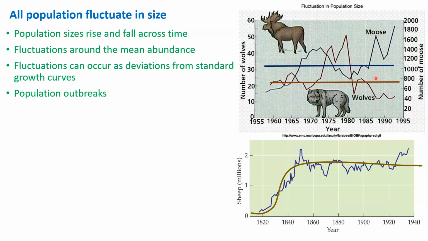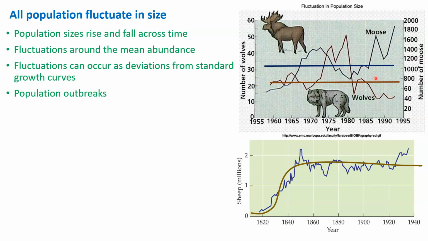So when moose populations rise, it's easy to explain the other way around. When wolf population increases, the predation risk on moose also increases. So moose populations then go down, and after a particular lag time, wolf population will also go down because there are fewer moose available for hunting.